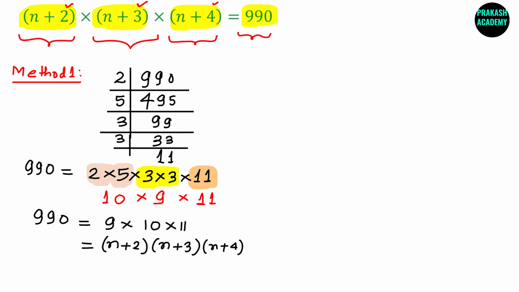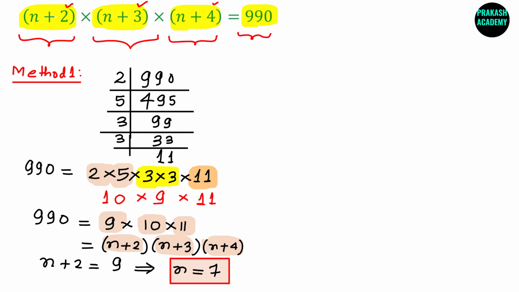Either you can equate n+2 is equal to 9, or n+3 is equal to 10, or n+4 is equal to 11. In each case you will get the same answer. So n+2 is equal to 9. This means n is equal to 7. So n is equal to 7 is the answer for this equation. So this is method 1.